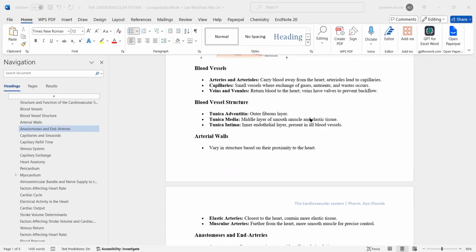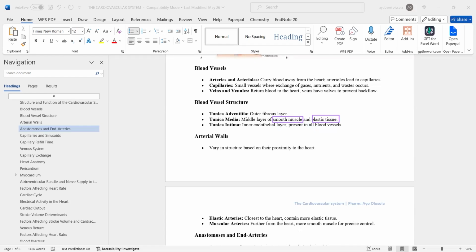In the arteries that are very close to the heart, they contain more elastic tissue in their tunica media. I told you the tunica media is made up of smooth muscle and elastic tissue. But the arteries that are very close to the heart contain more elastic tissue than smooth muscle.